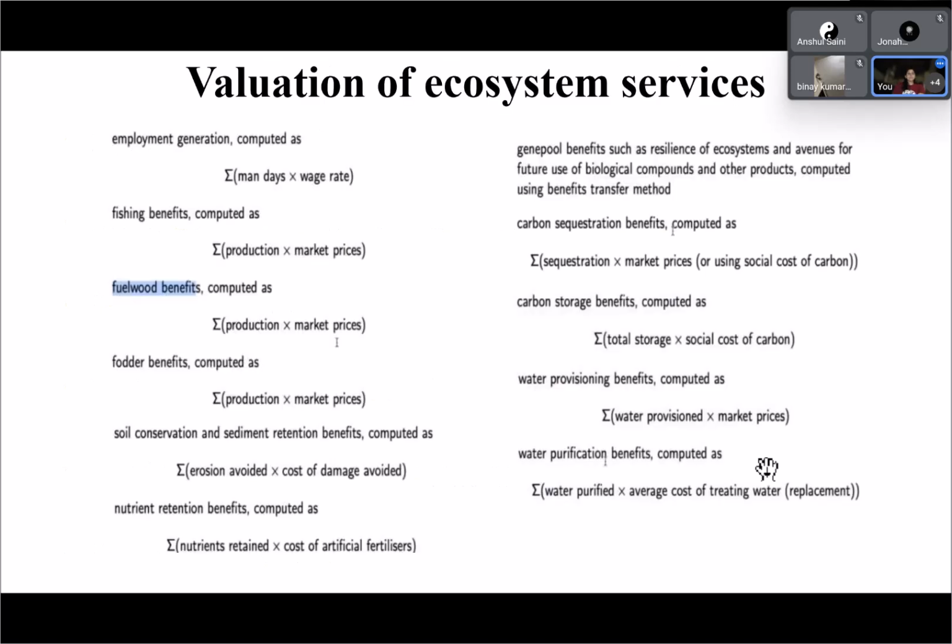Now, coming to the human perspective here, why do we do this? Why are we even bothered about conservation? Why are we even thinking about investing so much? That's because all the services that you get from the ecosystem have their value. There's a possibility of putting values on all of those services and generating revenue.